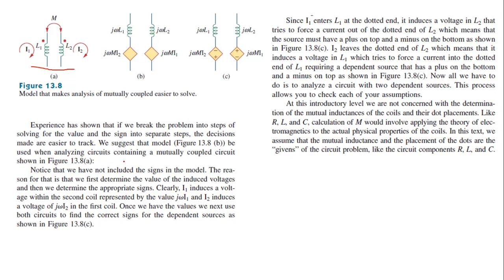Okay, now first we know that in coil 1 there is a voltage due to self inductance and mutual inductance. Similarly, in coil 2 we have a voltage due to self inductance and mutual inductance. So self inductance will be with the respective current, j omega L1 and j omega L2.